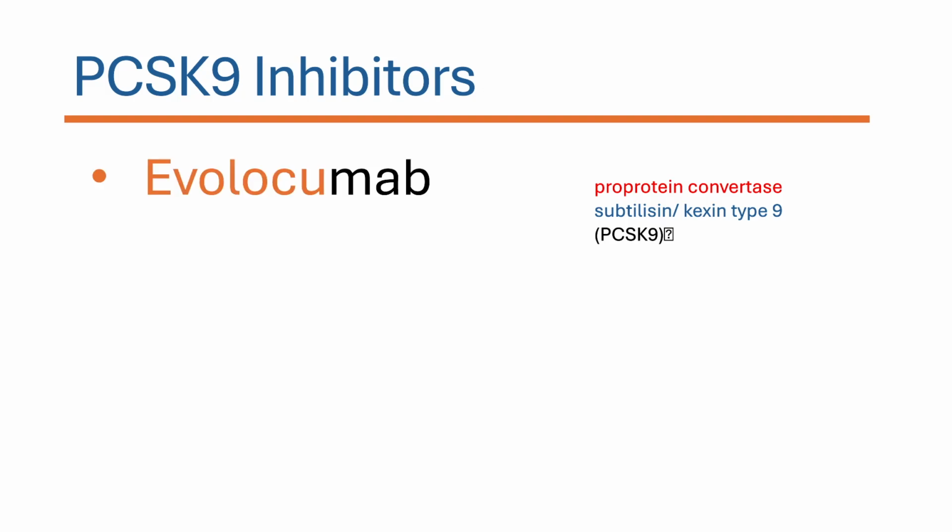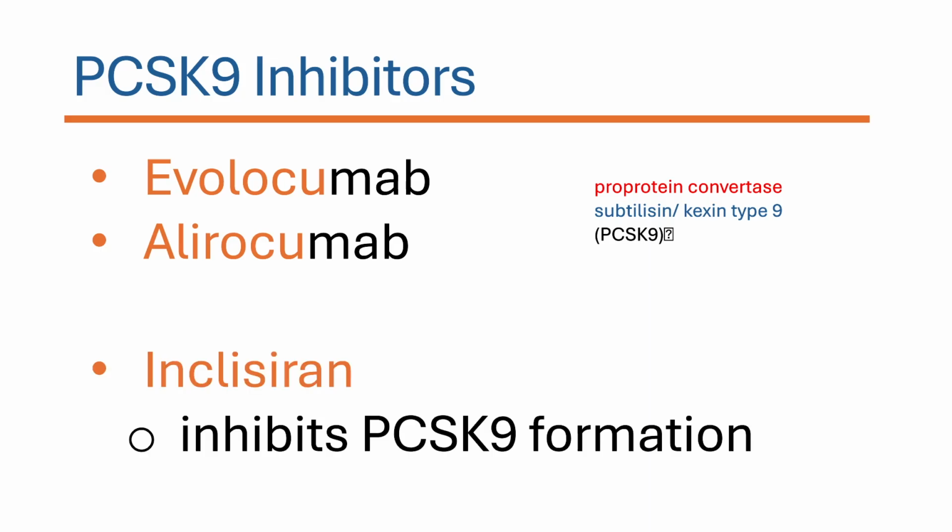So we have monoclonal antibodies against PCSK9: evolocumab and alirocumab, and we also have inclisiran, which is the drug which inhibits the PCSK9 formation itself. So these are the three drugs which you need to remember.